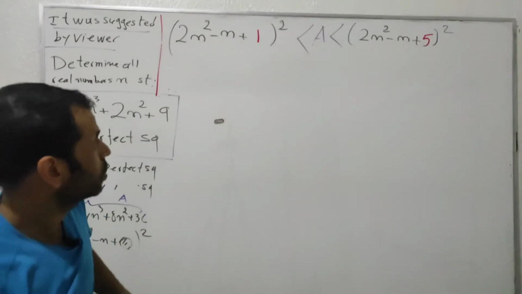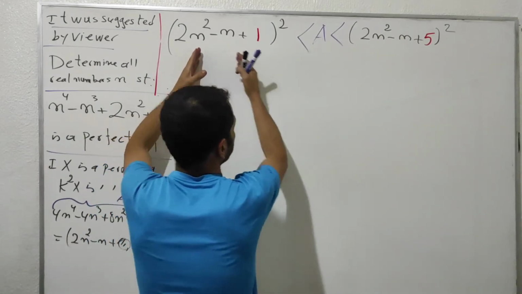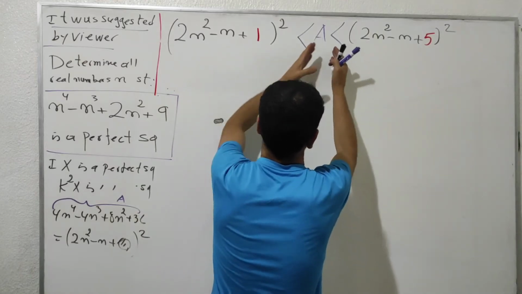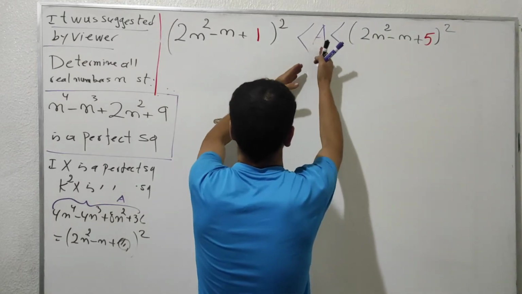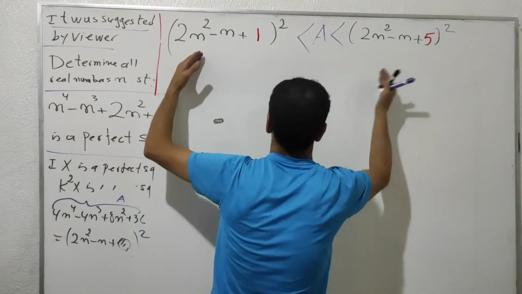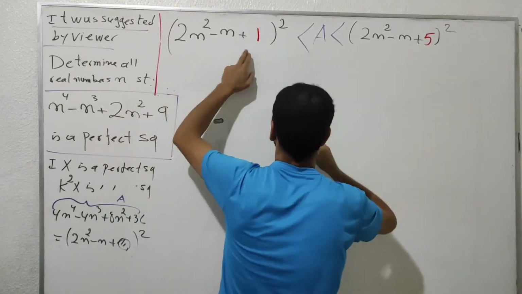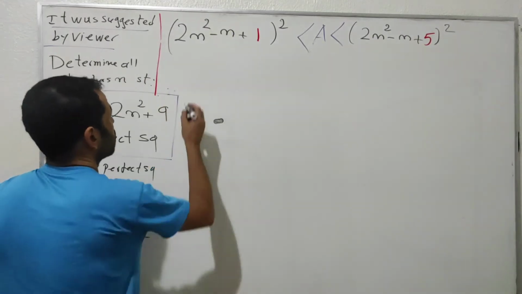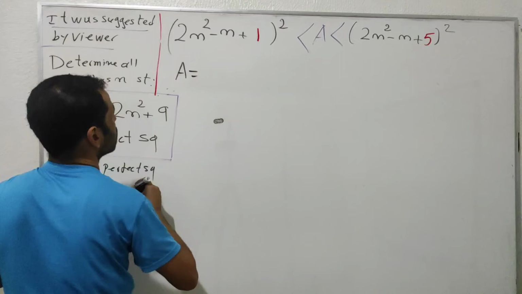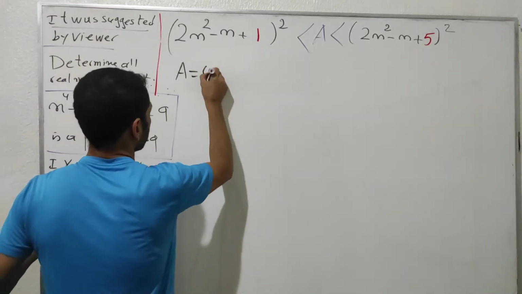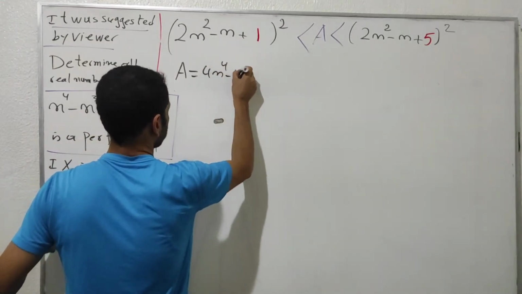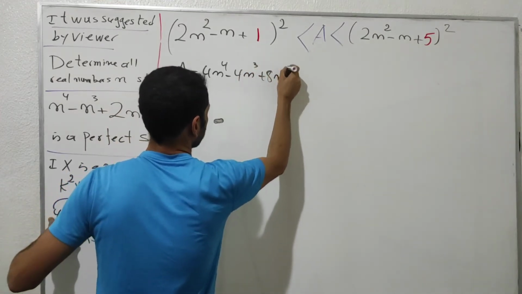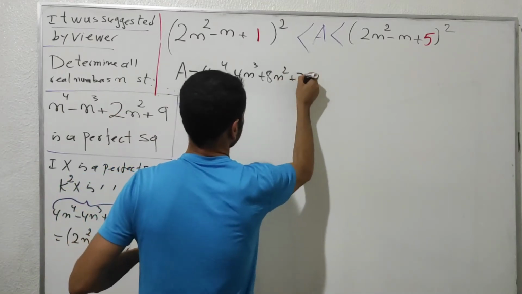If you take a look here, the distance between this one and this one, I'm going to pick up such values of this perfect square, because we know this perfect square is located between two terms. These two terms are the same, which means this one is going to take the number after this capital A, which equals 4n to the fourth minus 4n cubed plus 8n squared plus 36.